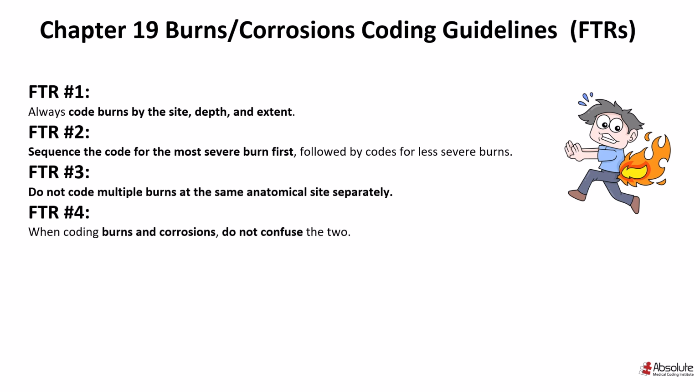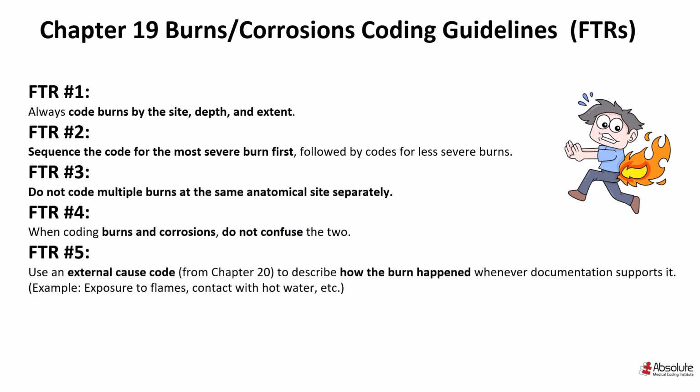Number 4, when coding burns and corrosions, don't confuse the two. And 5, when available, use external cause codes. Those are codes from Chapter 20. You're not going to see any in this section, but you will learn how to use them in Chapter 20. These external cause codes describe how the burn happened. And that's important, right?